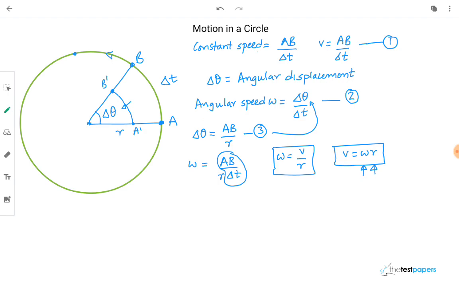Now let's move on from here to define period. What is period? Period t of the rotational motion is the time taken for the particle to complete one revolution.